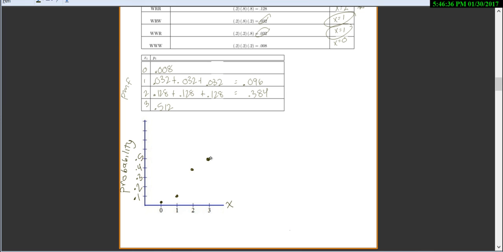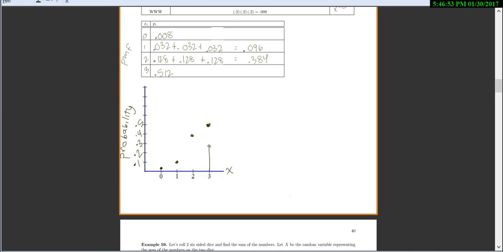Now, if you think about this, do I have any chance of getting an x of like 1/2 or an x of 1.7? No, right? You're not getting 1.7 answers correct. It's only 0 or 1 or 2 or 3. Those are my only possible values. And so the way we represent this is we'll draw a little line going straight up. And we don't have anything in between, and that represents the fact that you can only be 0 or 1 or 2 or 3.